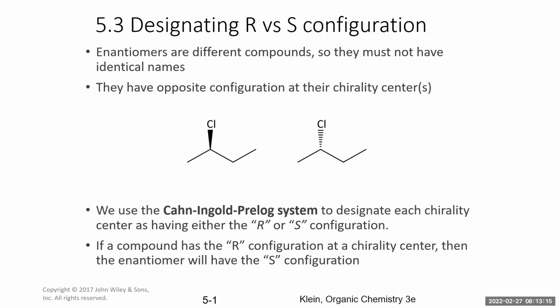So for example, because there's one chiral center in the molecules above, and those two compounds are related as enantiomers, then one should be R and the other one should be S. And if we add that to the name, then we will have distinguished them. One will be called R-2-chlorobutane, and the other will be called S-2-chlorobutane. So we have to learn the rules of how we figure out if the chiral center is R or S.